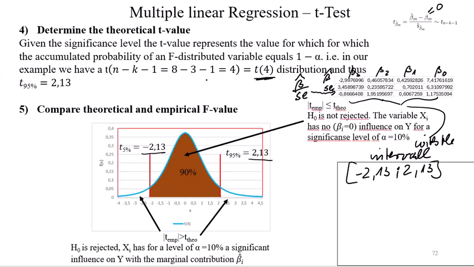So this means we cannot, given an error probability of 10%, reject the assumption that, although we find positive and negative values for our betas, still the true values of our betas are 0.